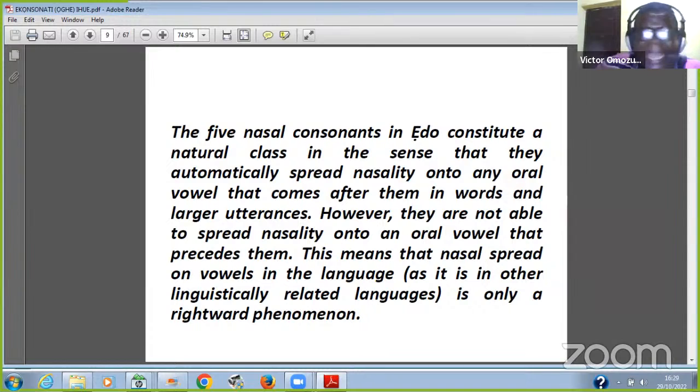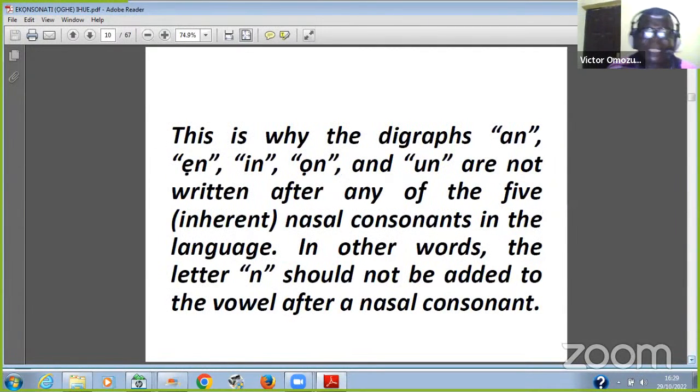You cannot have any Edo word that will begin with a nasal vowel as you have it in some other languages, like English. So we will see more of this later. This is why the digraphs AN, E subdot N, IN, O subdot N, and U subdot N are not written after any of the 5 inherent nasal consonants in the language.